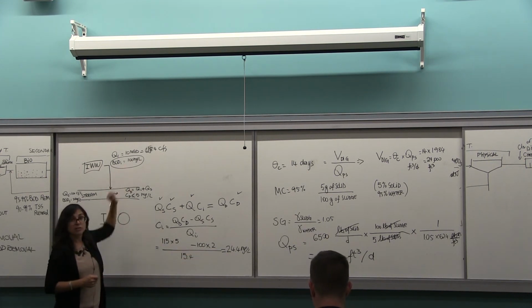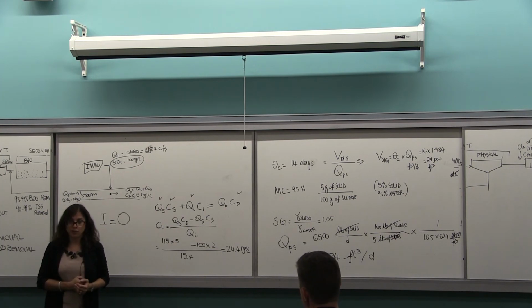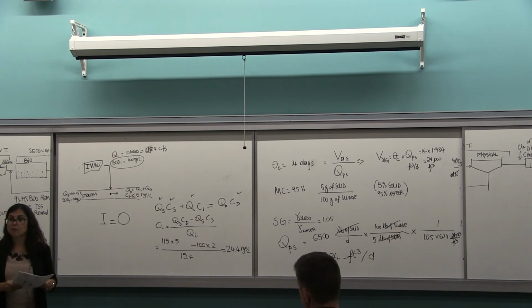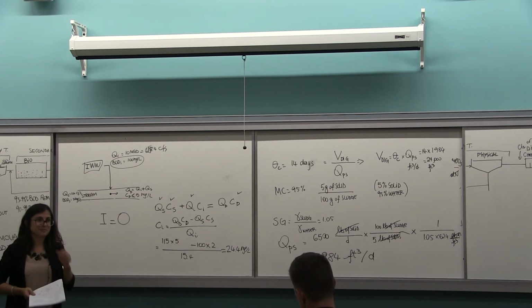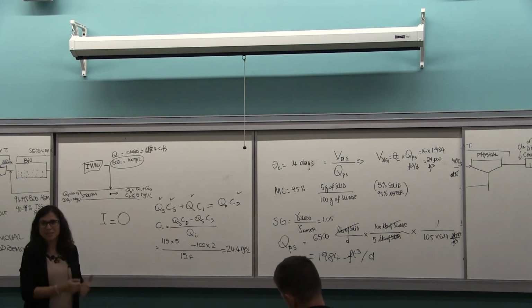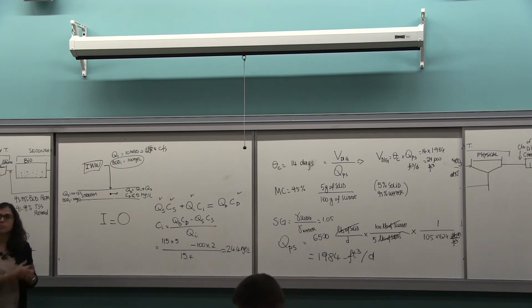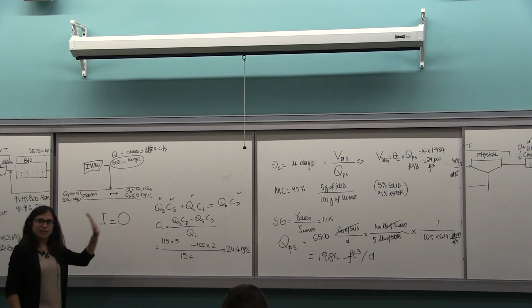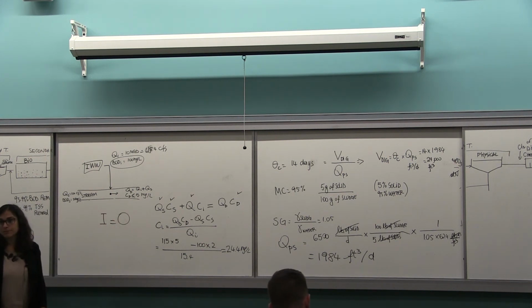If I have 100, what is going to be the removal efficiency? 95, 76, 67, or 54%? 76%. So that's the removal efficiency the plant has to achieve so that the river is not going to be affected.